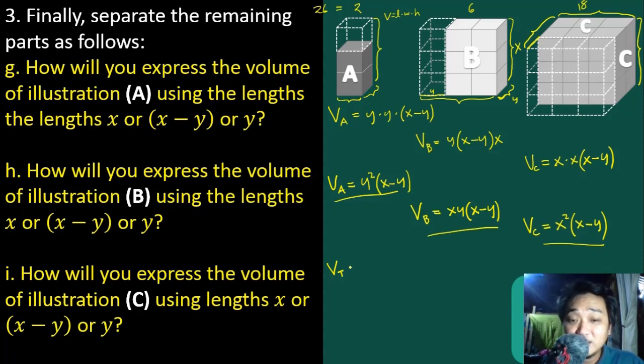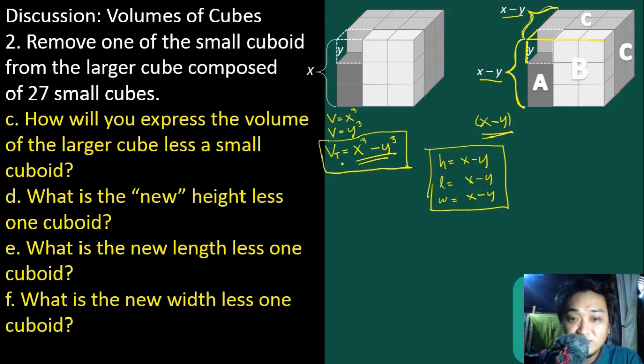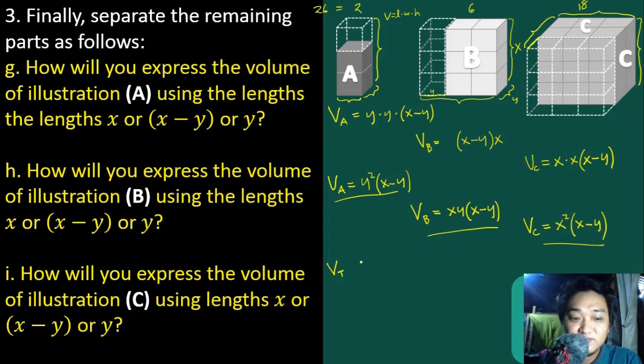Binawasan natin ng isang maliit. Kung babalikan natin kanina, the total volume is equivalent to x cubed minus y cubed. Now, the total volume is expressed as x cubed minus y cubed dahil binawasan siya ng maliit na cuboid. Yung volume ni A is y squared times the quantity x minus y.